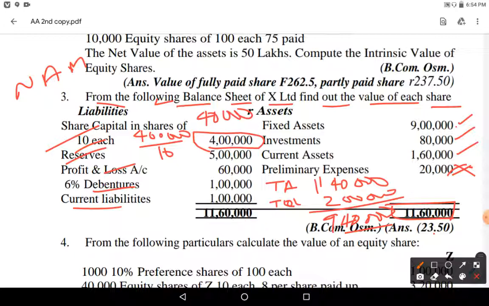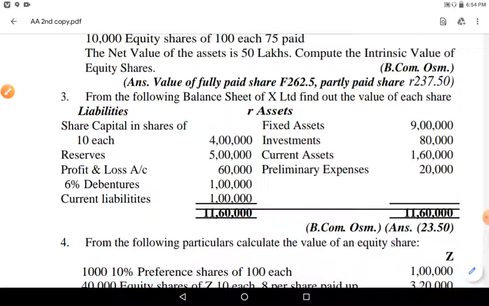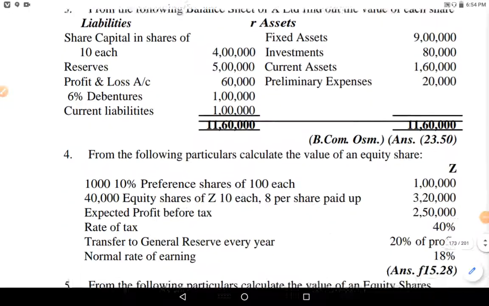So 9,40,000 divided by 40,000 will give you the answer as 23.5. Please do it by yourself. Here I have completed the third question also. These short questions may be asked for 5 marks in the exam.